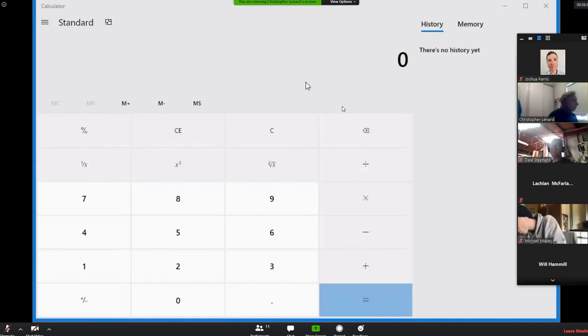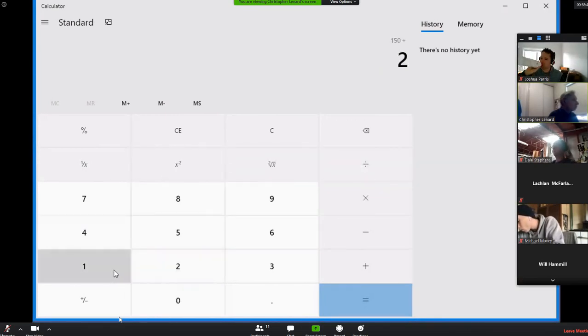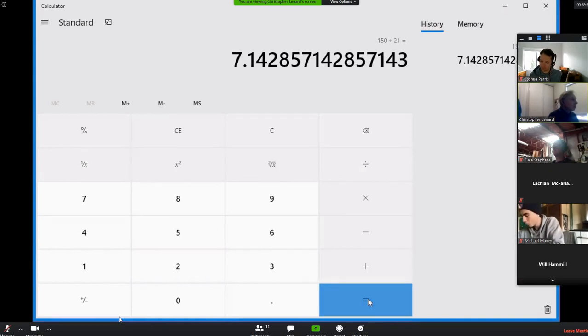And let's just do the 150. We're dividing by 21. You see how the answer is 7 point something. We don't care about this. All we need to know is that there's 7 lots of 21 plus a remainder.